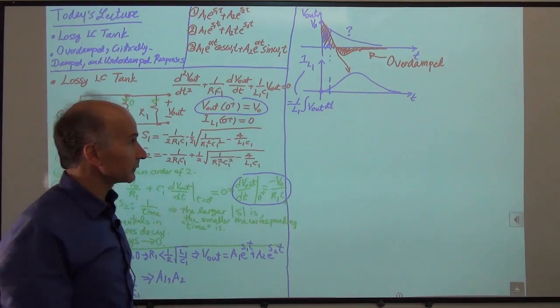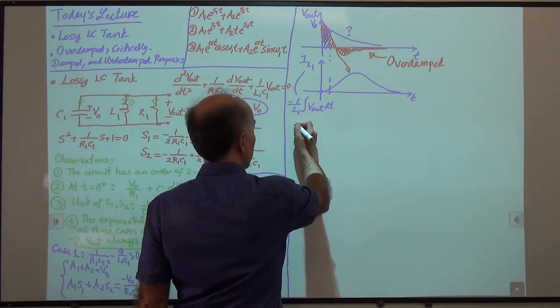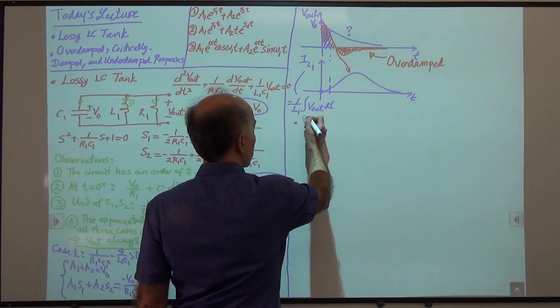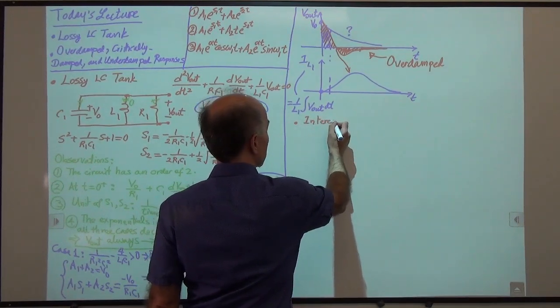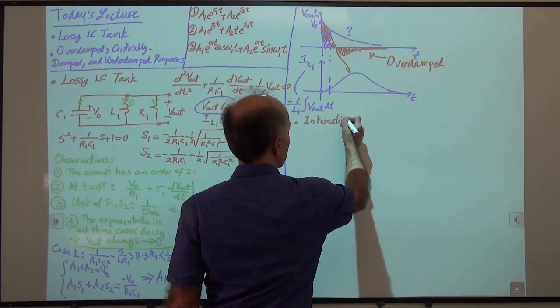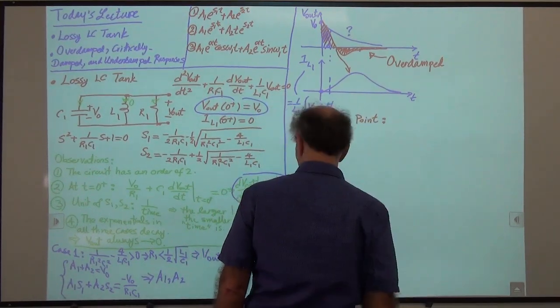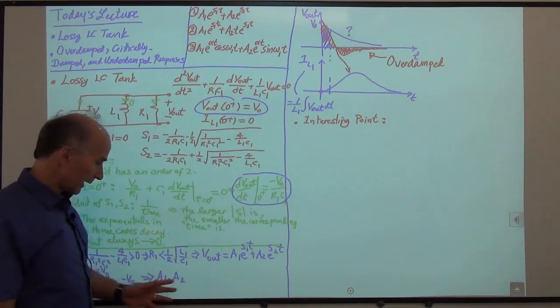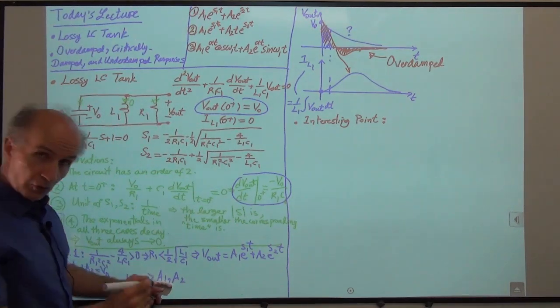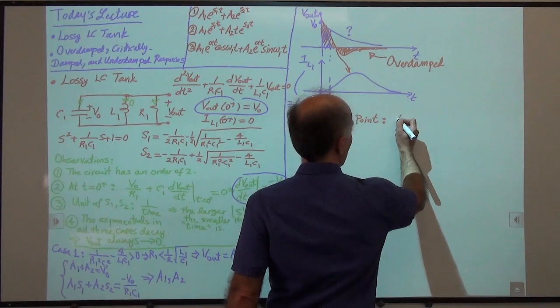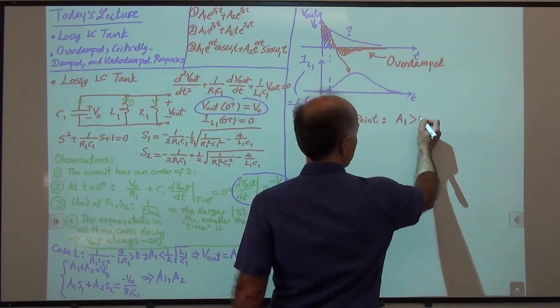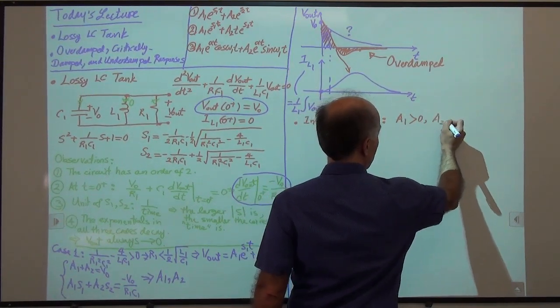So here's the reason. Interesting point. Now you can show, if you go through the calculations and find A1 and A2, you can show that A1 is positive and A2 is negative.